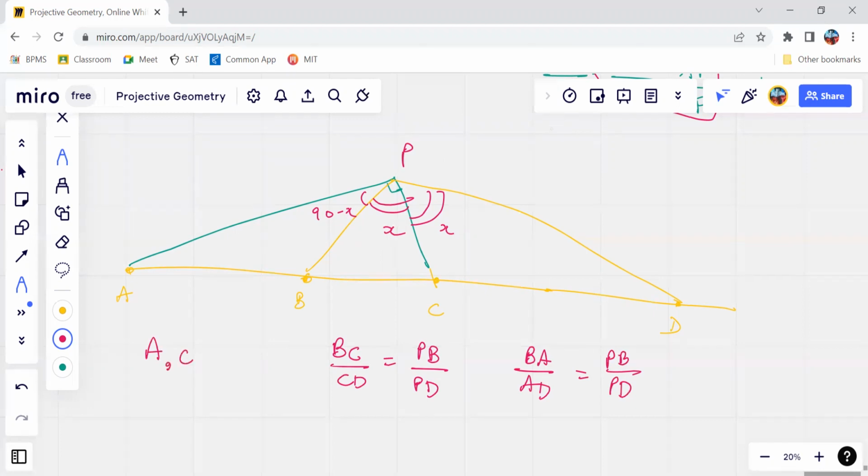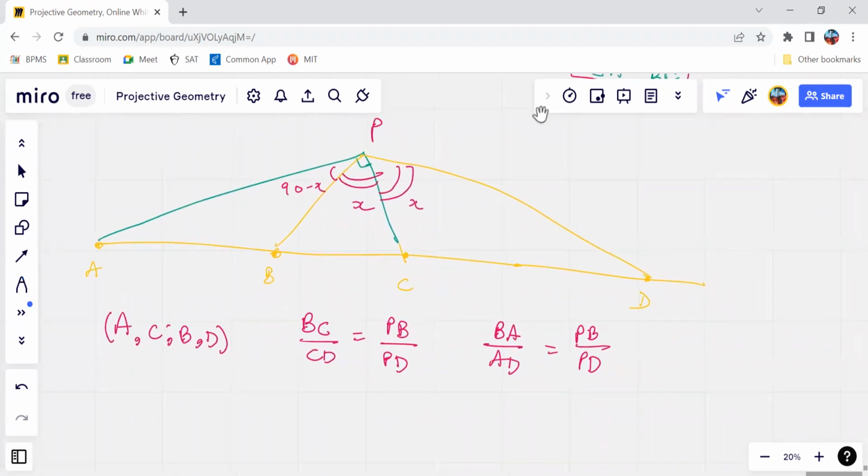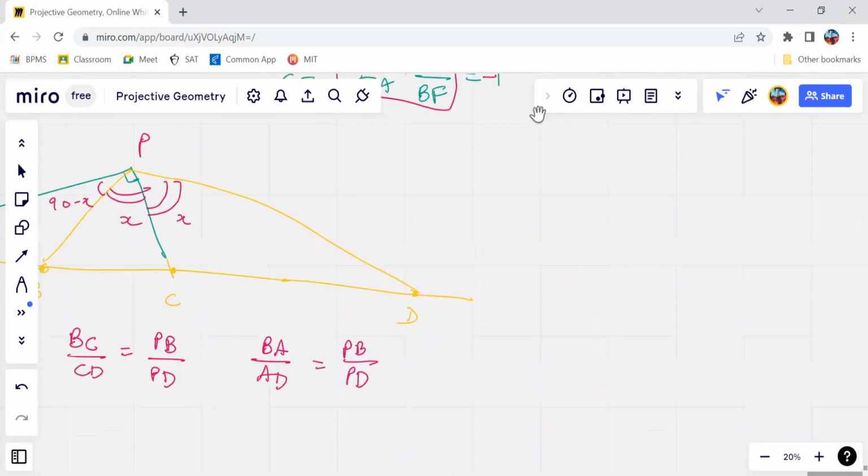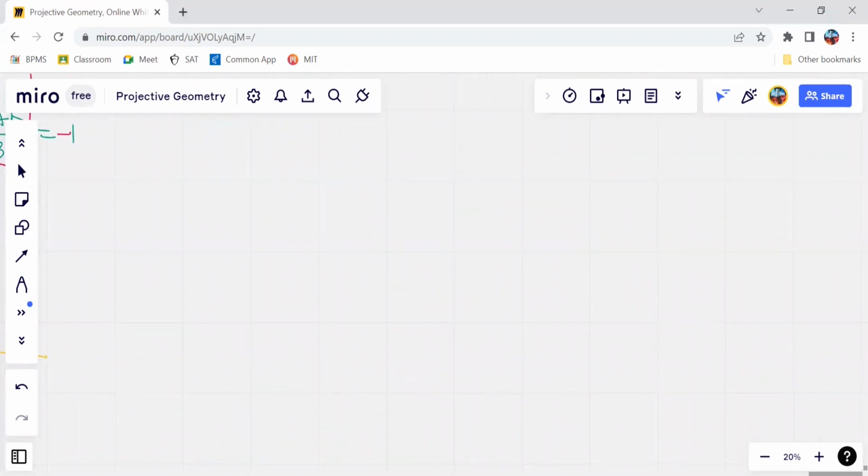So you actually get that this cross ratio AC BD is equal to -1. This is not really bash; the angle bisector theorem comes up. It can be proved synthetically, but let's not go into that. You can do similar triangles and stuff, but let's not bother.